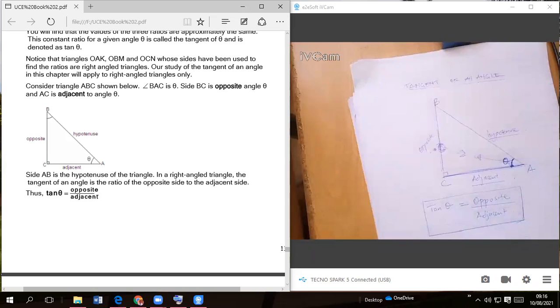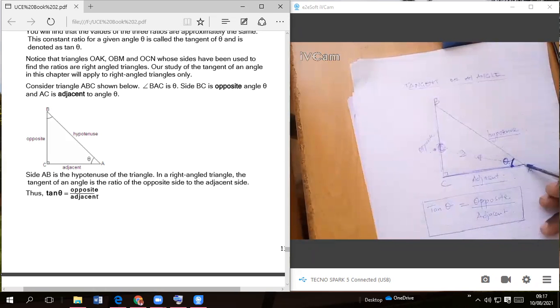The other most important thing also: how do you know that this is opposite? How do you know that this is adjacent? So you look at the angle. If you want to know where the adjacent is, look at the angle theta. Then always the angle is in between two sides, the hypotenuse and the adjacent.